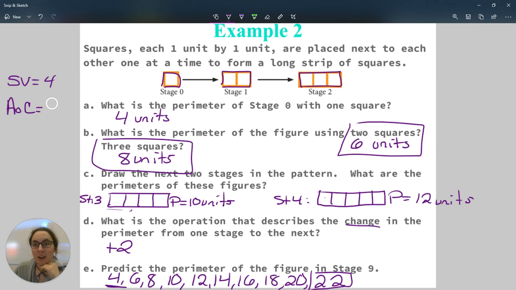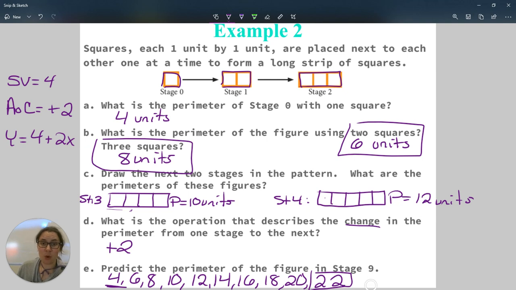Well, you can write a function to represent the change in the perimeters here. I've written out my start value and my amount of change. So my function would be y equals the start value 4 plus 2x. That's my function for the number of units in my perimeter.